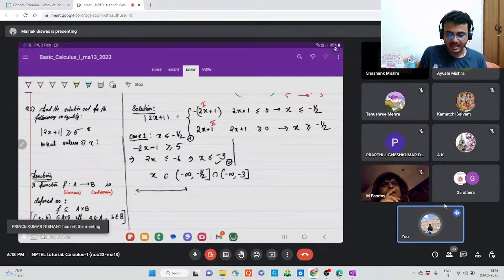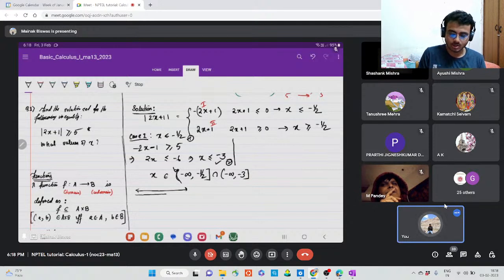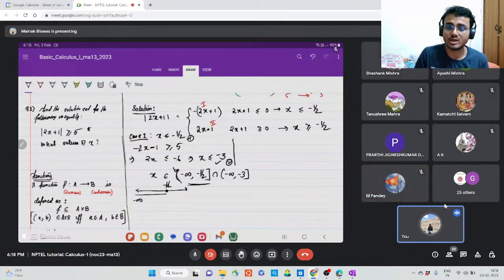For all numbers, this first bracket means an open interval. Since infinity cannot be closed, we always write an open interval at infinity, and a closed interval at minus half means minus half is included in this set. So it's all numbers from minus infinity to minus half, and this is all numbers from minus infinity to minus 3 included.